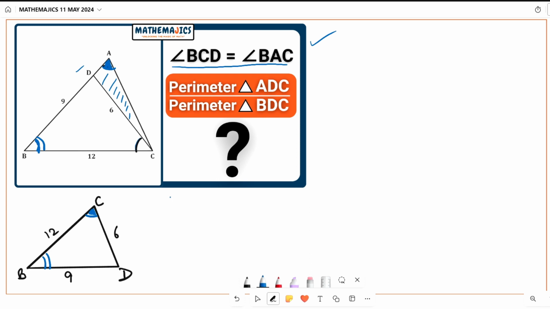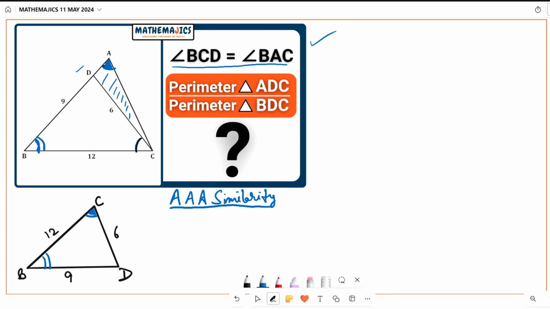This is AA similarity. Once two angles in two triangles are equal, the third angle will automatically be equal because the sum of three angles is 180 degrees. So this is called AAA similarity, when three angles of two triangles are equal to each other.